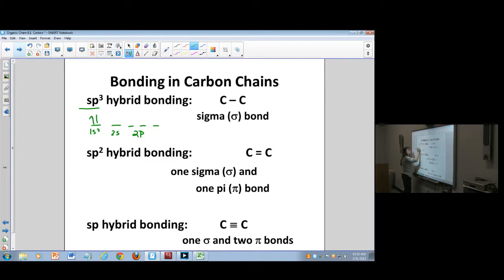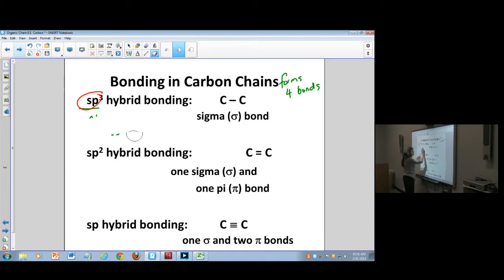And carbon has this electronic configuration under VSEPR. Well, the problem with that is carbon always forms 4 bonds. And in this particular case, the best carbon could do in the VSEPR theory is have 2 bonds. So we have instead sp3 hybrid orbitals.